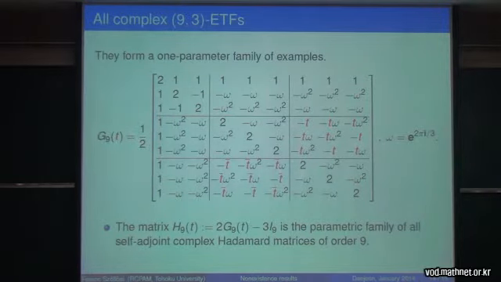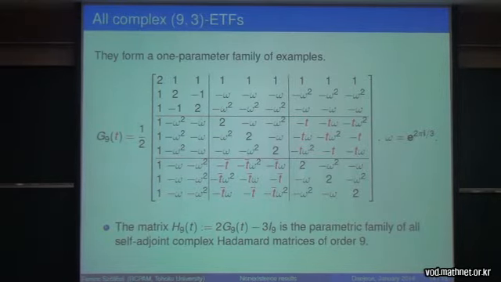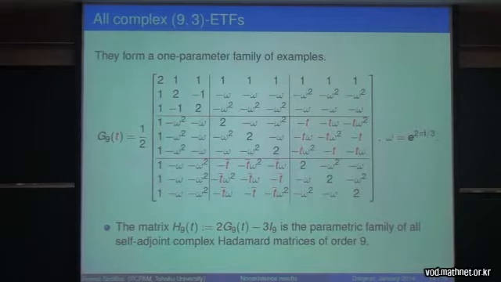So this here is a Gram matrix of a one-parameter family of complex equiangular tight frames of 9 vectors in 3 dimensions. And if you look at this matrix, you immediately realize that this is essentially a Hadamard matrix. Indeed, if you just rescale and get rid of the identity, you can get a Hadamard matrix H9.